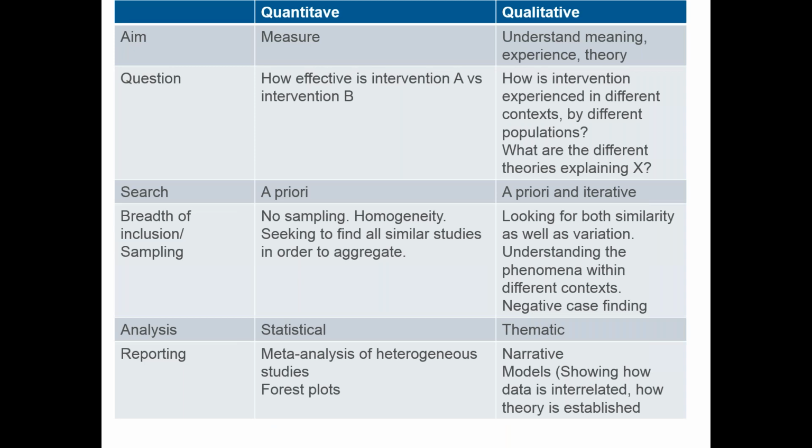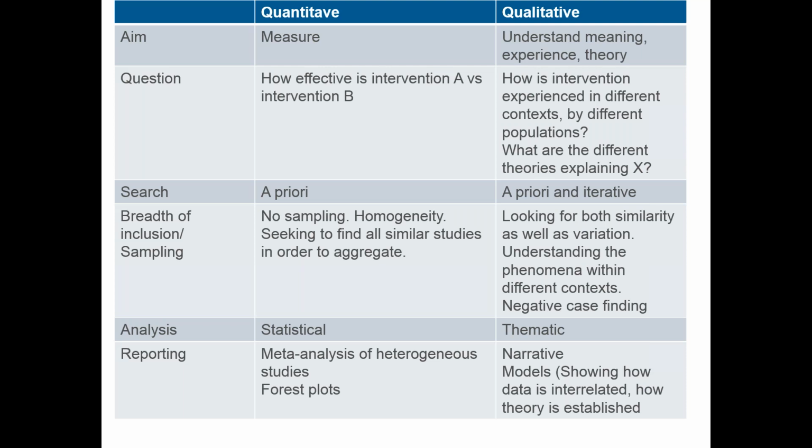Firstly, the key difference in the aim is to measure in a quantitative review, whereas in a qualitative review, you really are trying to understand meaning, experience, theory, etc. A quantitative question might be, how effective is intervention A versus intervention B? Whereas a qualitative question would be, how is a particular intervention experienced in different contexts by different populations?